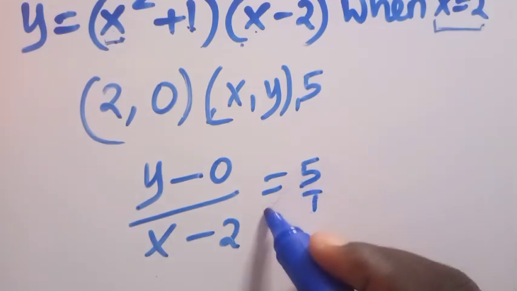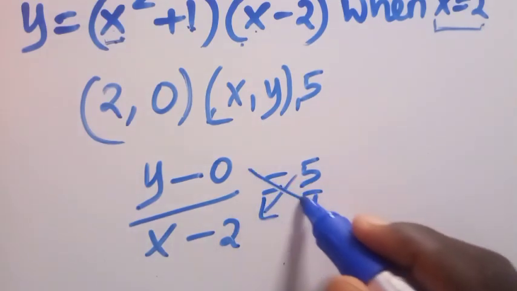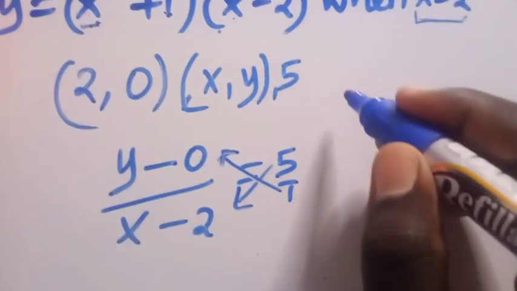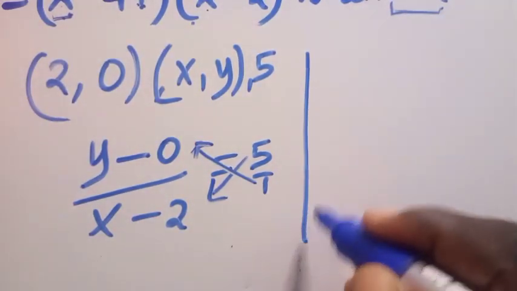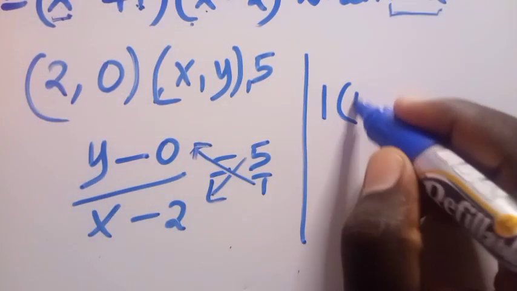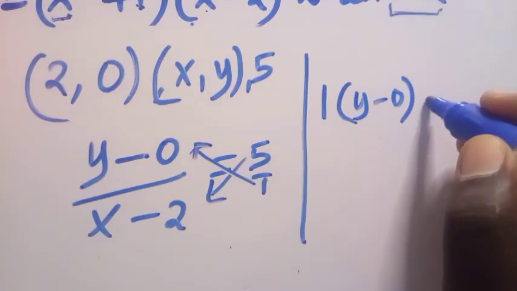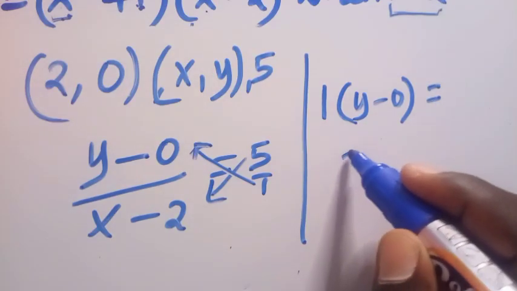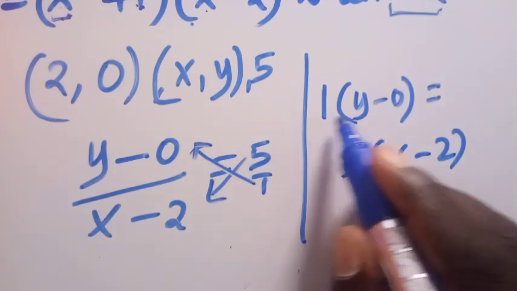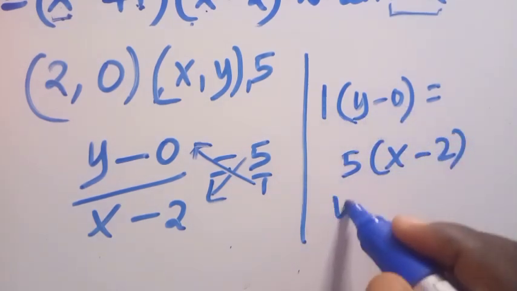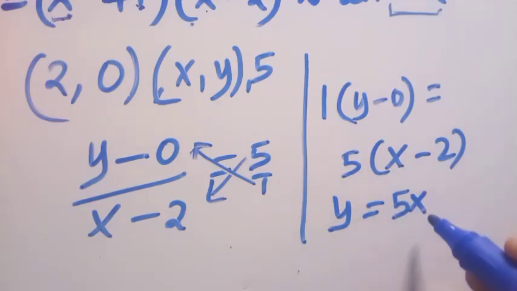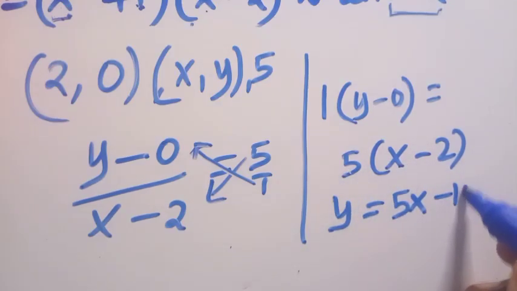Now, we have to cross multiply. So that we have 1 times y minus 0 equals 5 times x minus 2. In this case, 1 times y minus 0 is just y, equals 5 times x is 5x, then 5 times negative 2 is negative 10.